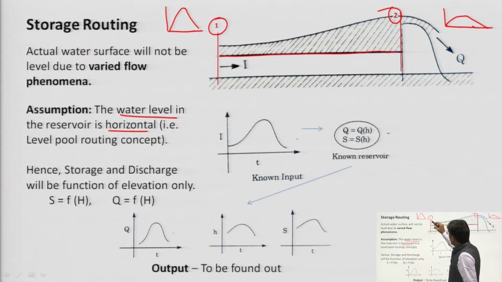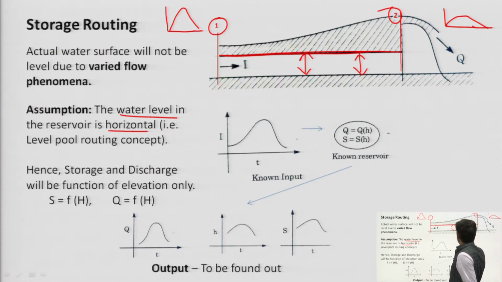Actually, it will never be possible. Before the inflow hydrograph enters, the level was uniform, steady flow. It is possible to achieve a constant height throughout this reach.